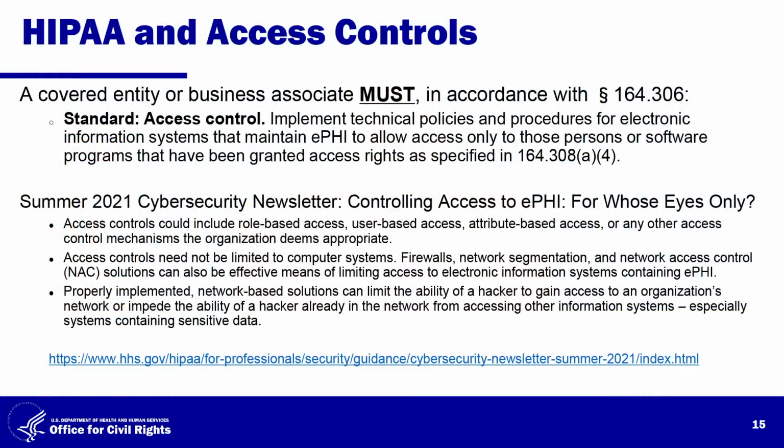OCR published a cybersecurity newsletter in 2021 focusing on the security rule's authorization and access control requirements. This newsletter highlighted that access controls could include various solutions such as role-based access, user-based access, attribute-based access, or any other access control mechanisms a regulated entity deems appropriate to ensure the protection of its ePHI.